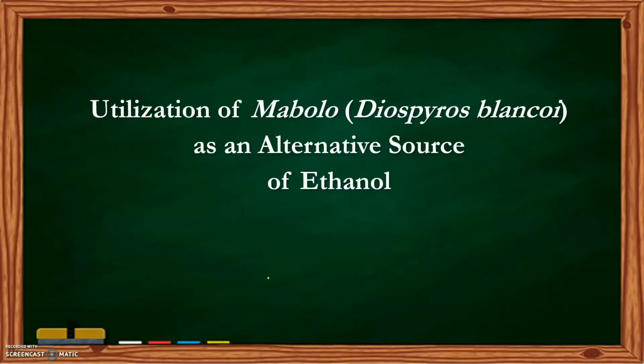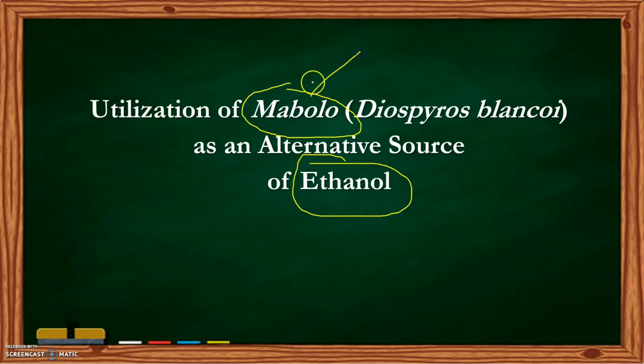The question is, ano po ang unang i-discuss namin? It's the independent variable or the dependent variable. I'll give you another example for that. Same research study, so let us have utilization of mabolo as an alternative source of ethanol. So what are the two variables in this title? Okay, so obviously we have mabolo and we also have the ethanol.